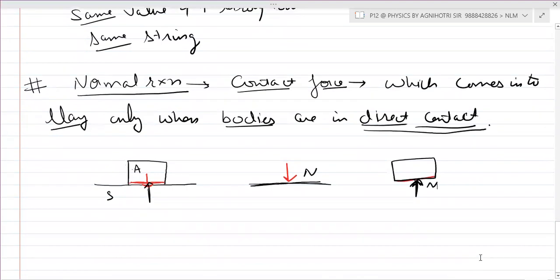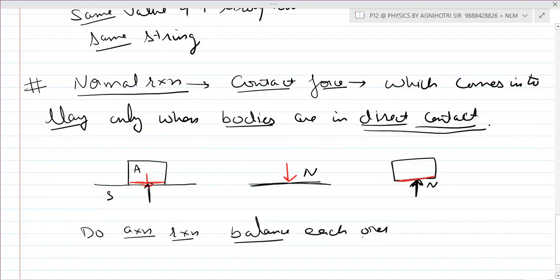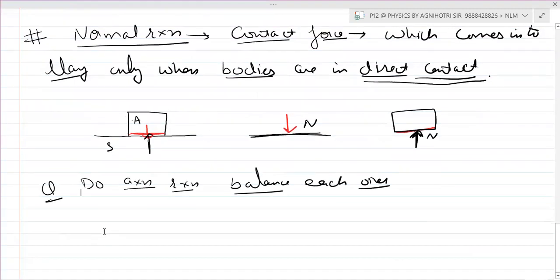So my question to you is, do action and reaction balance each other? You need to answer that a bit later, okay?